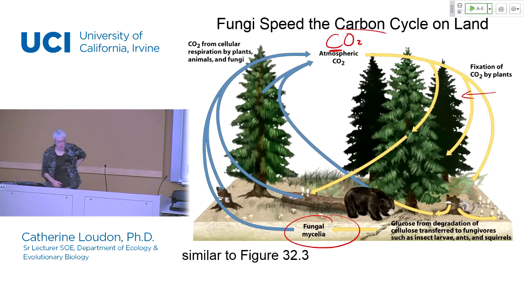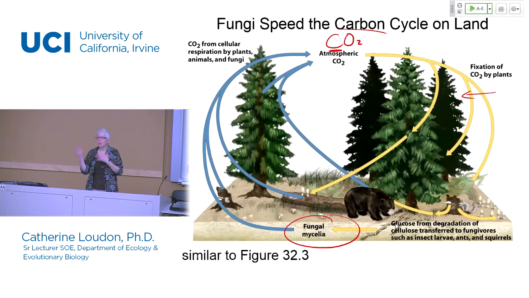Fungi, right? So that's what down here it says: glucose from the degradation of cellulose is transferred to fungivores, such as insect larvae, ants, and squirrels, right? What does that mean? That the fungi can take the plant material, can break it down, can use the sugars, so now these are organic molecules that are accessible to the fungus, but anything that eats the fungus then also has access to what is now carbon in an organic form that is accessible.